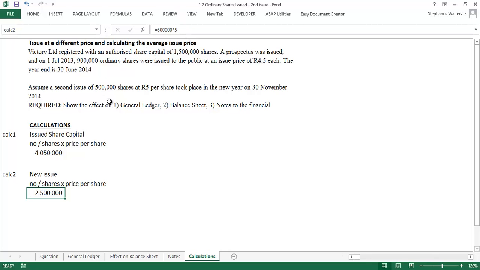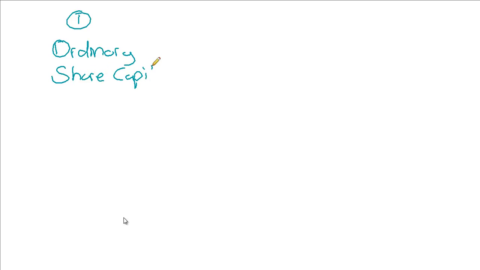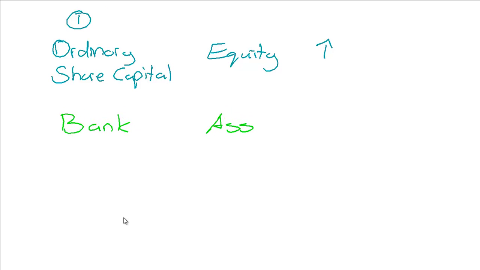There's the formula. Good. Now that we have the figures, we need to know which accounts to debit and credit. So let's quickly go to my board again. Exactly the same as the example before. We've got our two accounts. Ordinary share capital, which is an equity account that increases again, and then we've got our bank account, which is an asset which also increases because we've obtained more financing.